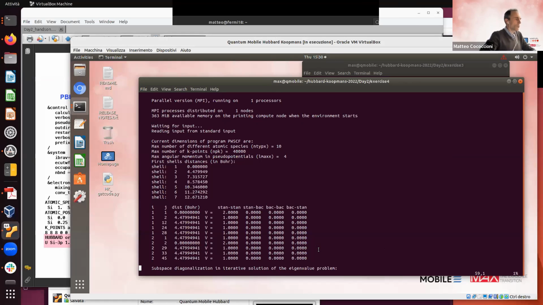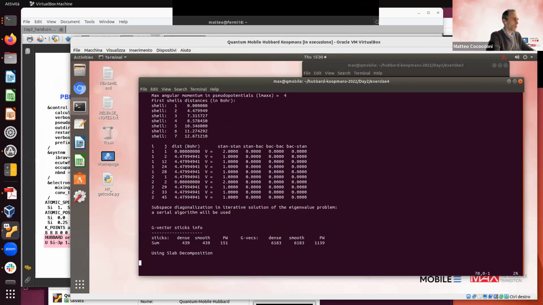So what I wanted to stress is the initial part of the output of a U+V calculation. In this case, it's still silicon. So this is the Si SCF output file.